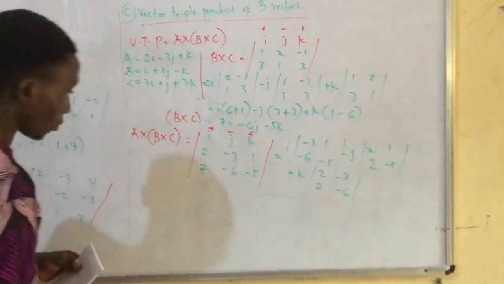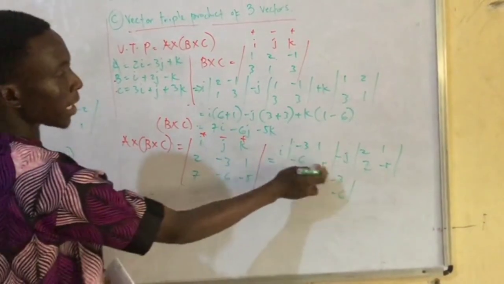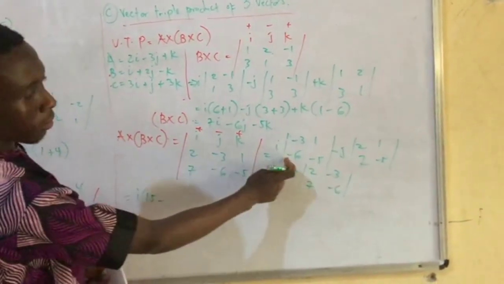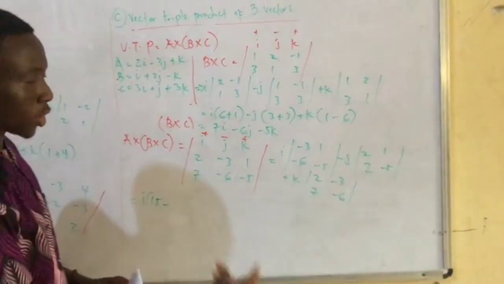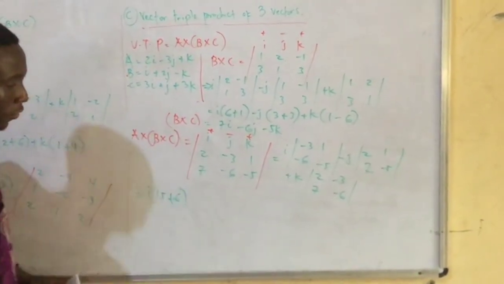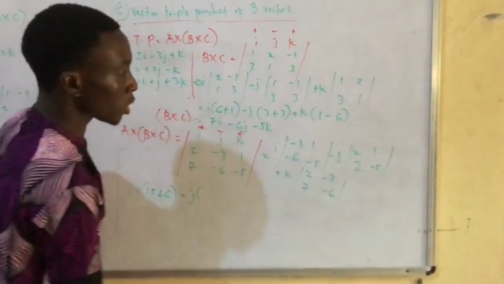So let's come in. From there we'll be having our i. This multiplied by this will give us 15. Minus cancel minus. We have 15, minus 6 multiplied by 1 is minus 6. So when it comes here, minus multiplied by 1, we change this one to plus. That is 15 plus 6. Then minus j into bracket. This multiplied by this is what? Minus 10.